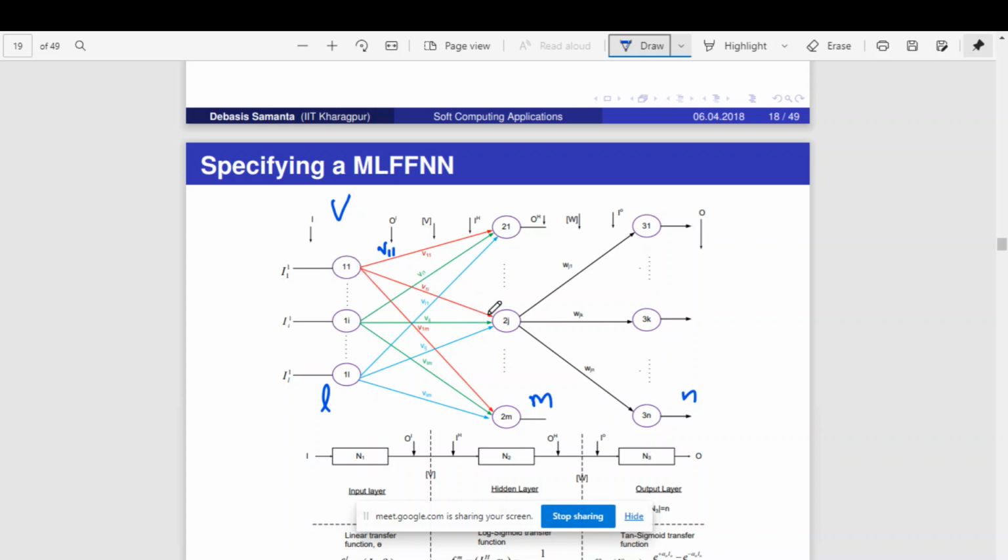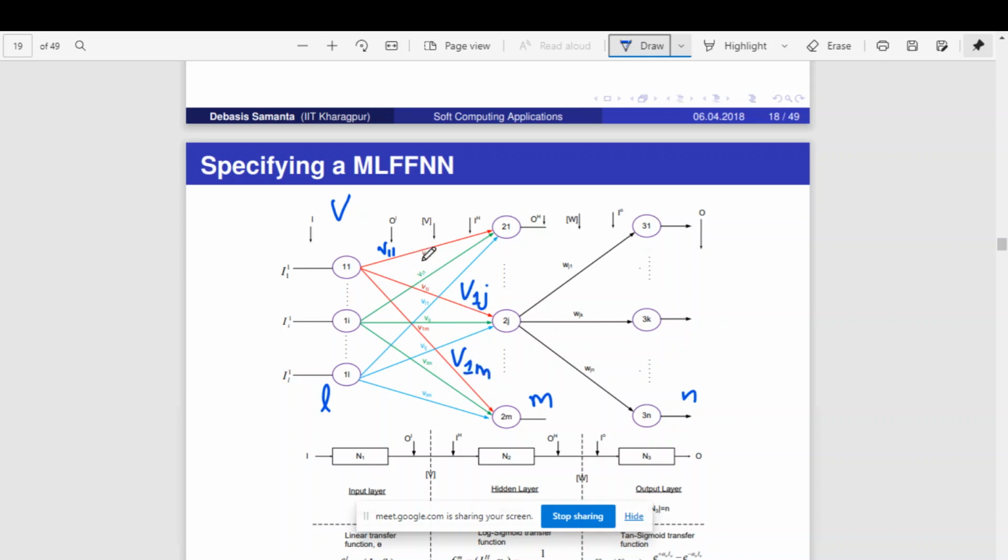This is a connection between the first neuron and the jth neuron, that is V1j. Next will be V1j plus 1, V1j plus 2, so on and so forth. The connection between the input layer first neuron and the mth neuron of the hidden layer is V1m.